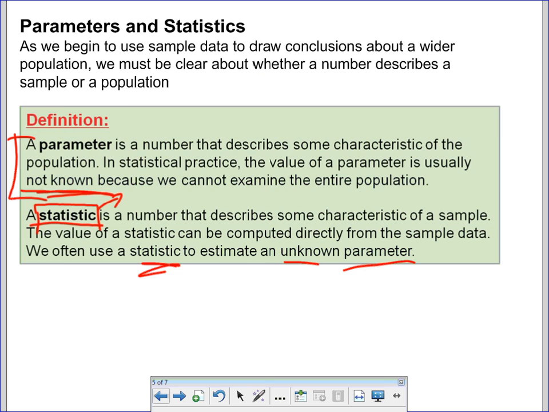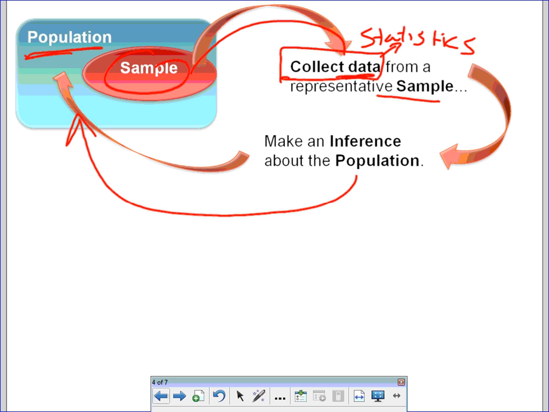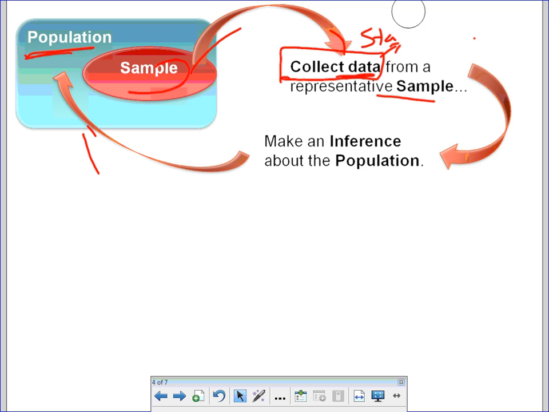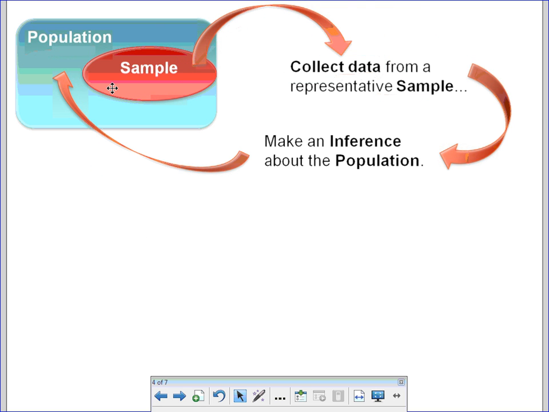So let's go back to this drawing right here. I'm going to try to erase everything here. So there is some average for this population, but we don't know what it is. So we will collect data, and we will find the average of the data.